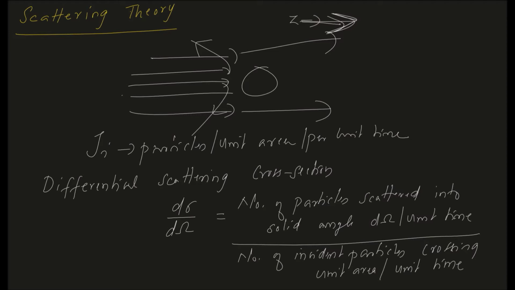This differential scattering cross section is a function of two angles, usually theta and phi, and this d omega is an infinitesimal solid angle in the direction theta phi. So the angle theta represents the angle of scattering and phi represents the azimuth angle.